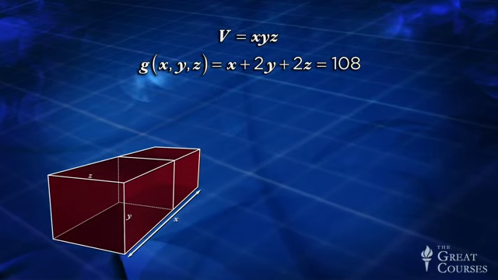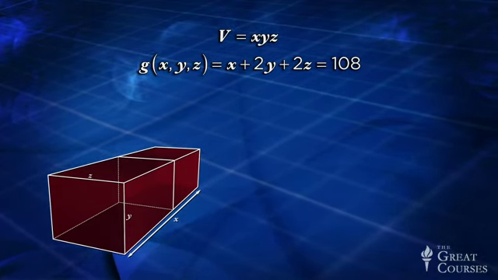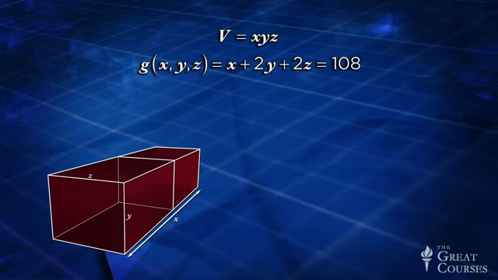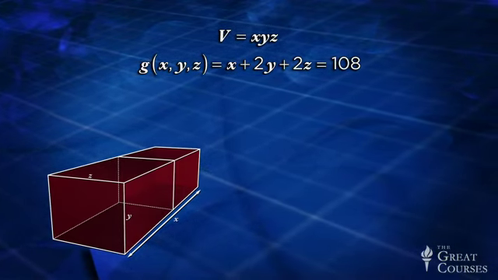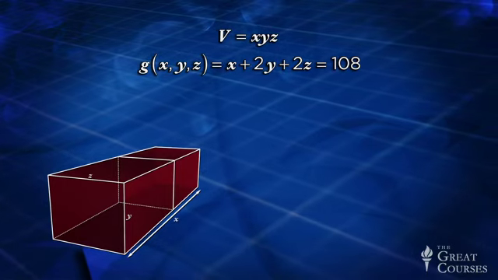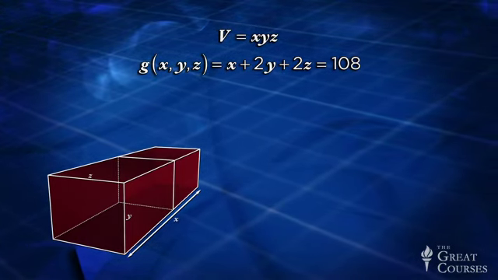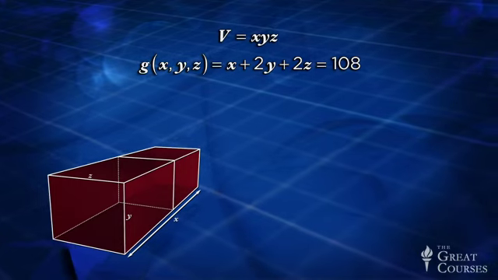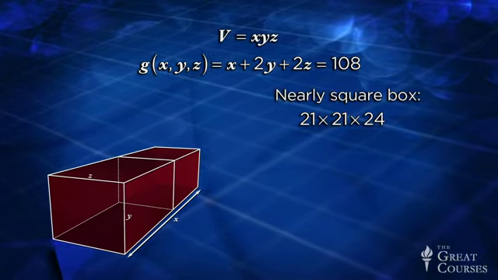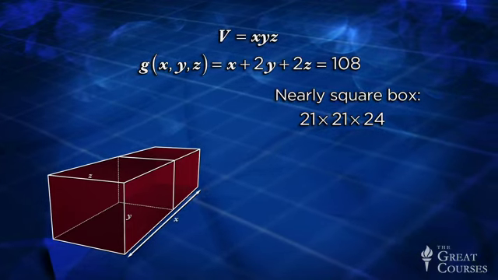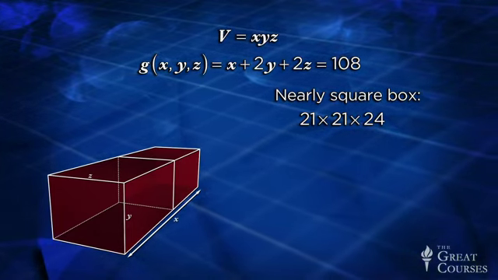Well, there are many, many sizes of packages you could imagine here. Let's play with some packages for a moment. You're working for this delivery service and you're saying, gee, I'd like to construct a package of maximum volume. Maybe the package would have the following dimensions: 21 by 21 by 24. That's nearly a square package, isn't it?